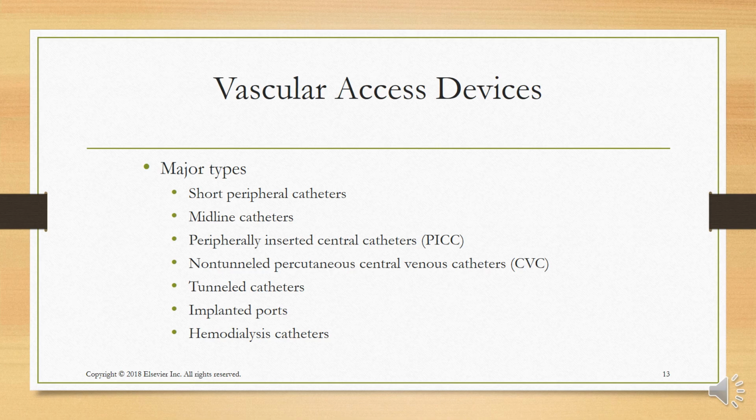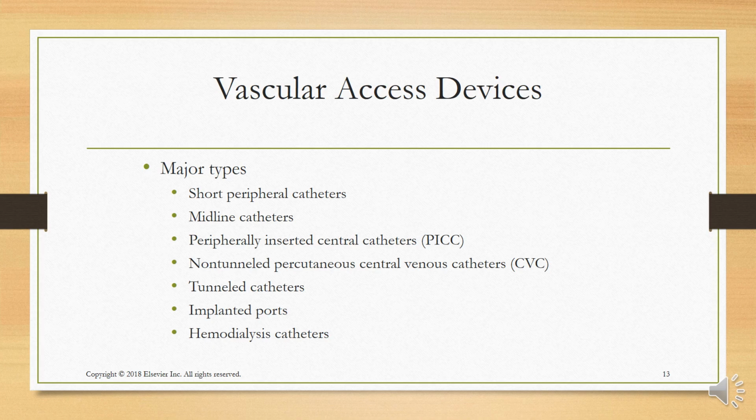So, vascular access devices. There are just all kinds of ways that we can get our medications and fluids into the vascular space of our patients, okay? There are little short peripheral catheters. That's our normal IVs that we start. There are midline catheters, and these are a little bit longer catheter length.